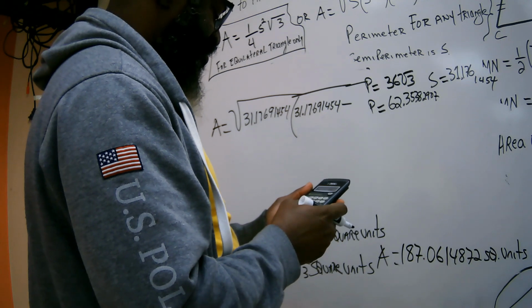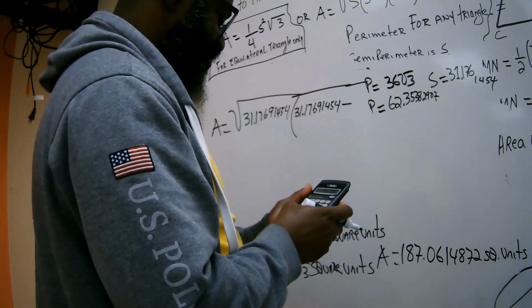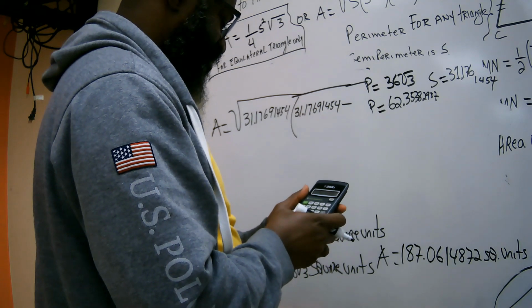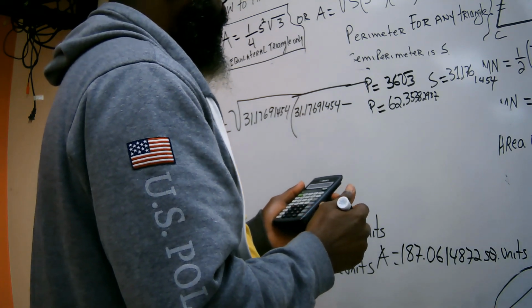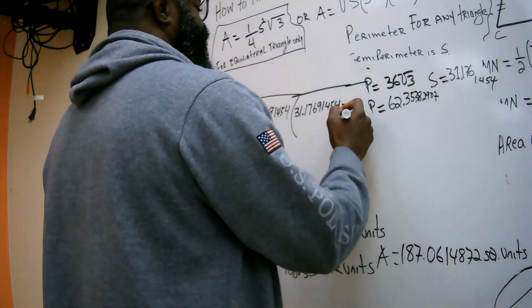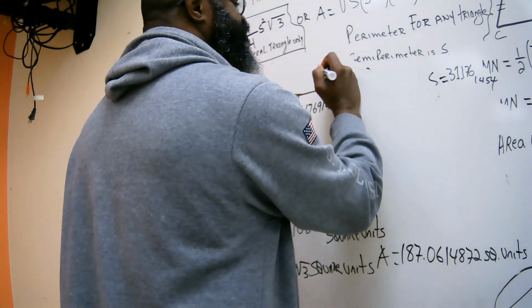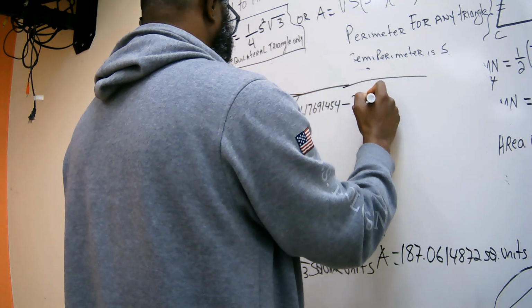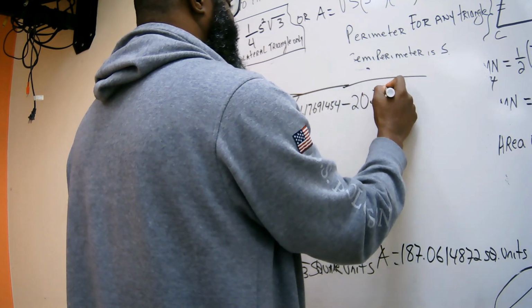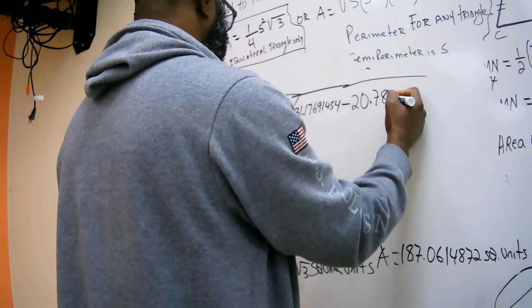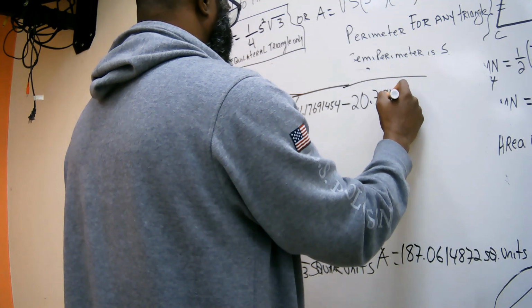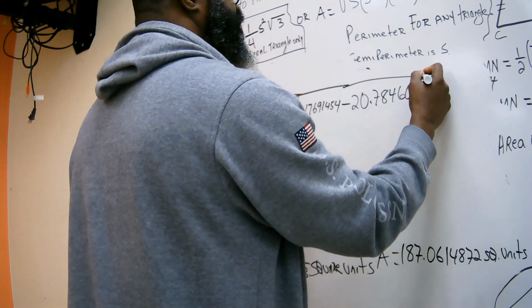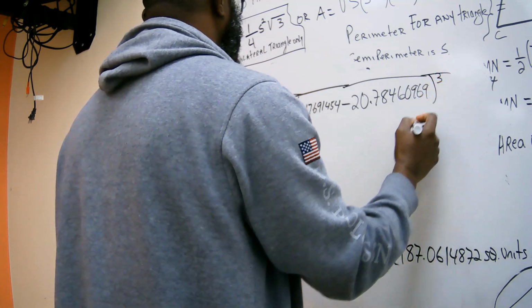So let's evaluate what 12 square root of 3 was. That will be minus 20.78460969, then I'm going to cube that.